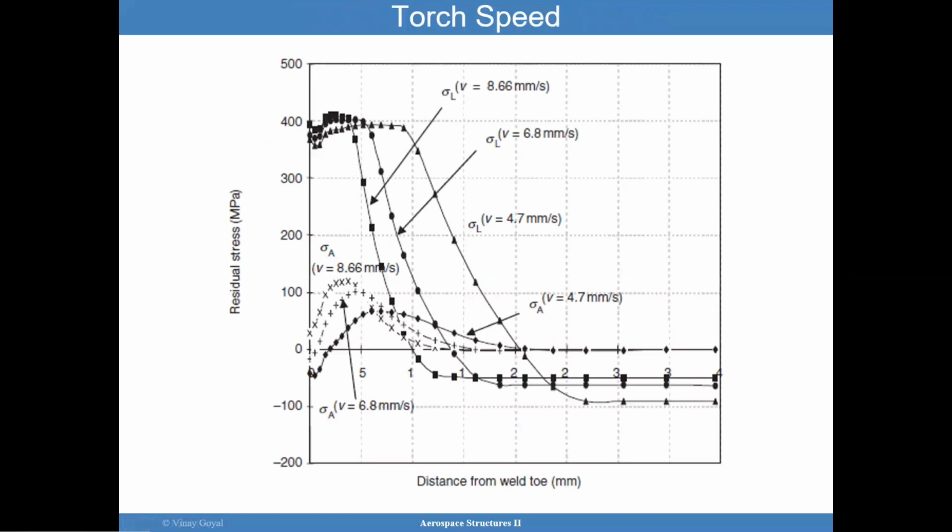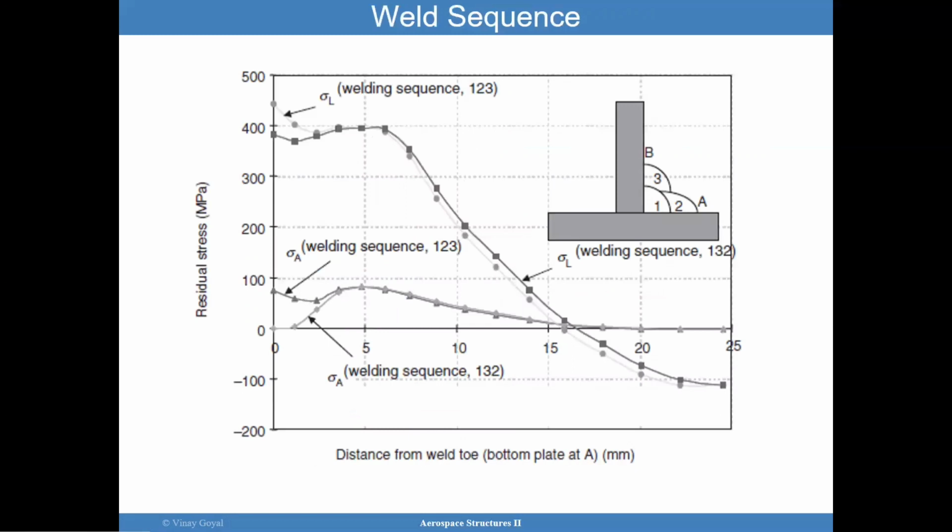And here's some more examples of what residual stresses can do with weld pass speeds as an example. One of the things I want to point out is that welding residual stress is going to depend upon the number of passes, how quickly you create a weld, and things like that. Weld sequence also matters.